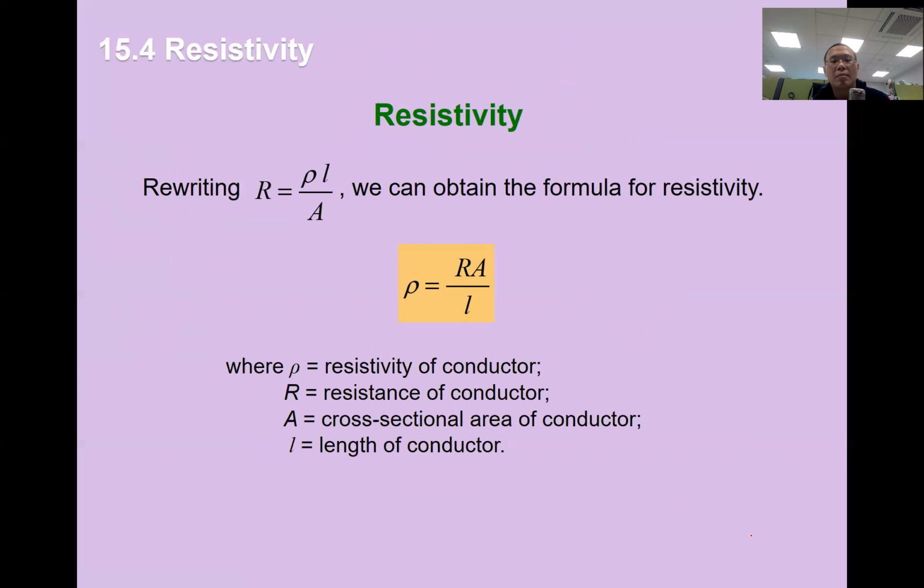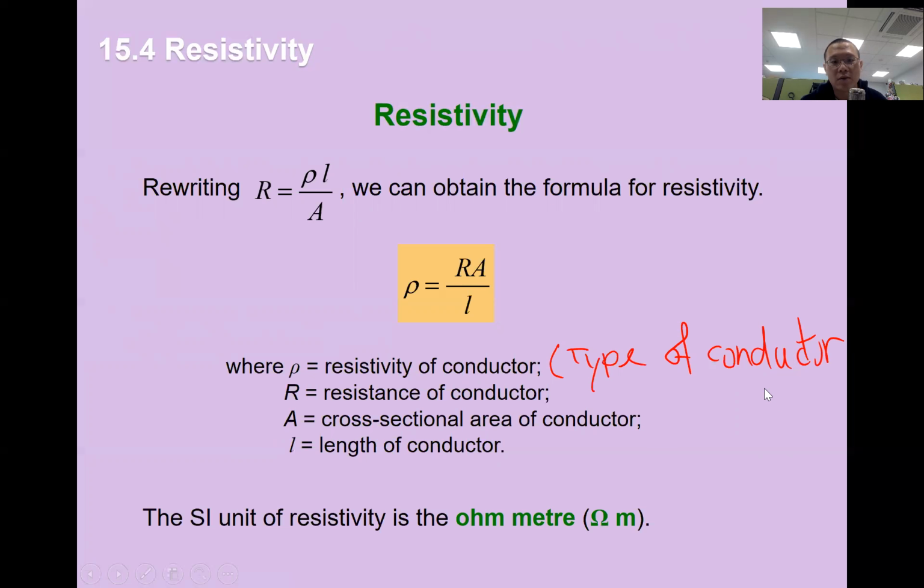Resistivity, like I mentioned before, is the type of material. It will control the type of material or the type of conductor, because the resistivity of a component is quite unique to each conductor.